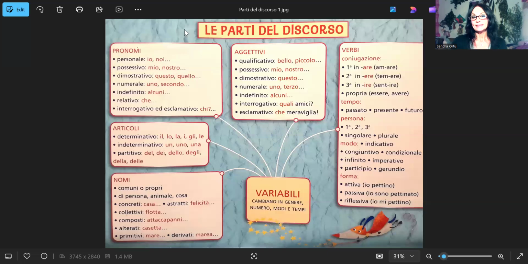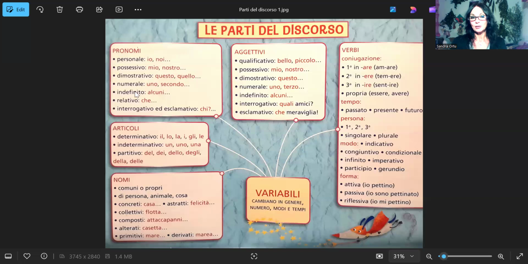So, le parti del discorso, meaning all the different parts that we have in a sentence, starting from pronouns. Pronouns are some of the very first things that we did when we were talking about ourselves or others: I, you, he, she, etc. As you can see, we have different boxes.